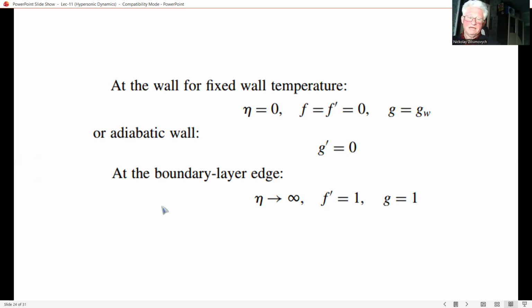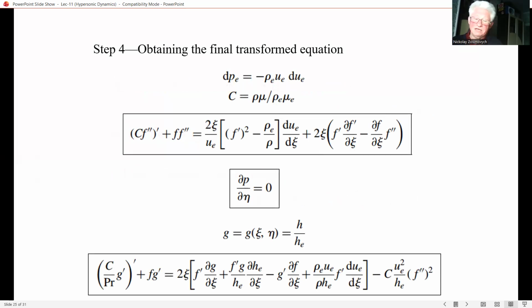Okay? In general, the solution of our equations, along with the appropriate boundary conditions, yields variations of velocity and enthalpy throughout the boundary layer. And the pressure throughout the boundary layer is known because the pressure distribution, or equivalently the velocity distribution at the edge of the boundary layer, is given, a function of zeta.